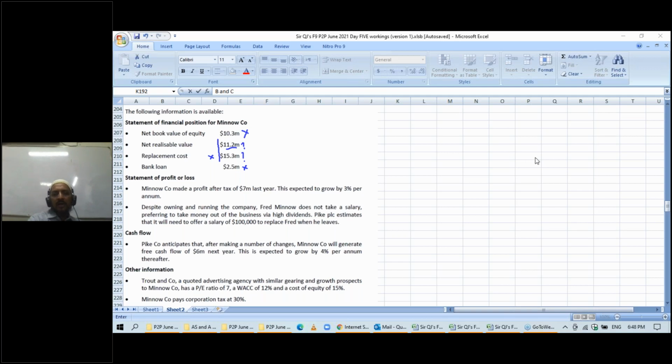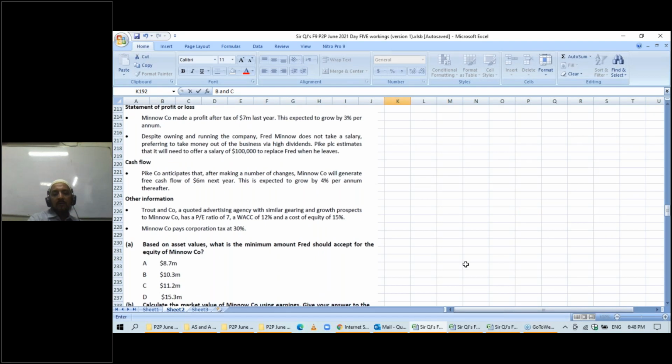Replacement cost will usually be higher than NRVs. So the correct answer to this is 11.2 million. This is answer C.